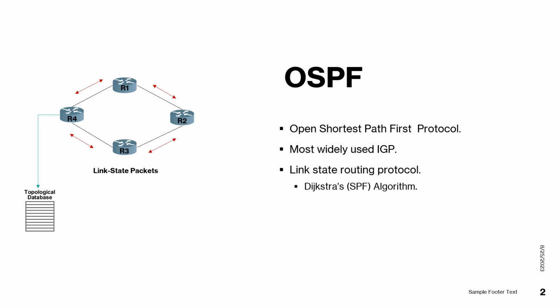The link state database describes the graph of the internetwork. From this topological database, using Dijkstra's or the SPF algorithm, each router calculates the shortest path to each network. And then once the shortest path is found, it enters this information into the routing table. So this is how the link state protocol operates.